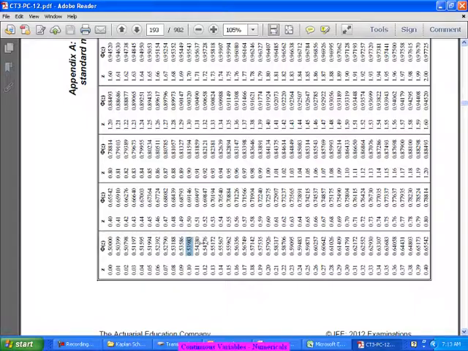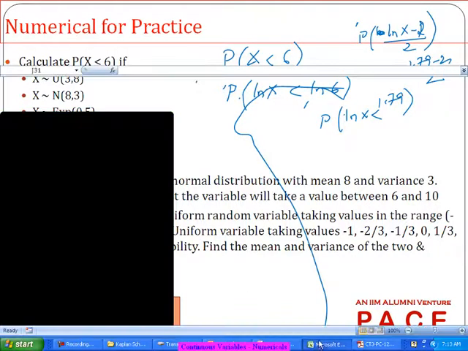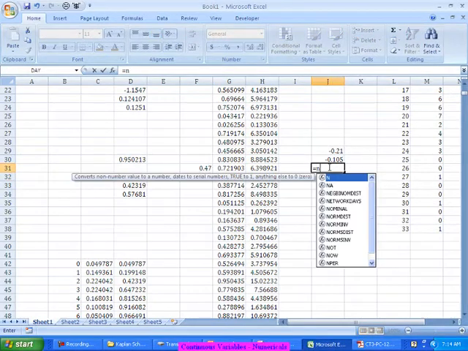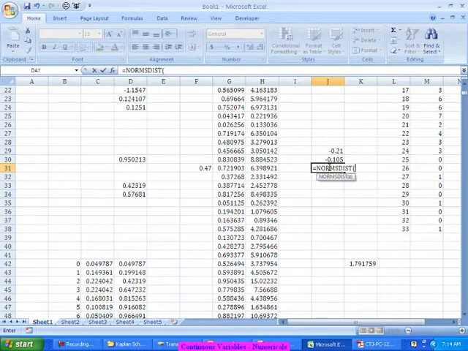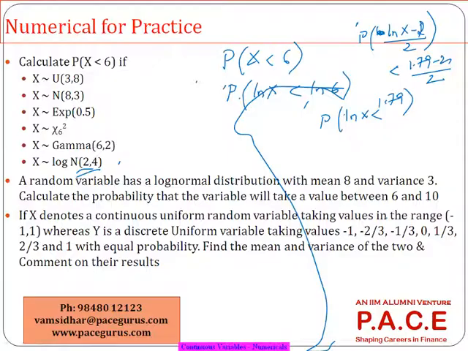So I will take 1 minus of this and it becomes 1 minus 0.53, which will be somewhere around 0.47. Even if I use the formula here, I should get the same number, 0.46 or 0.47.